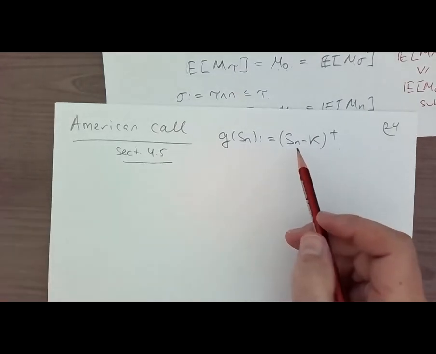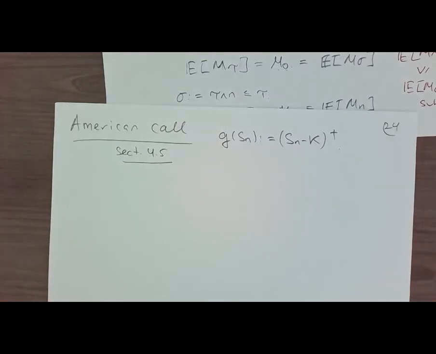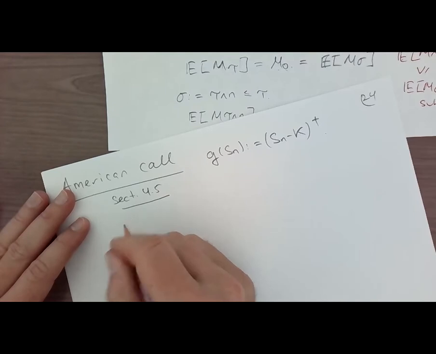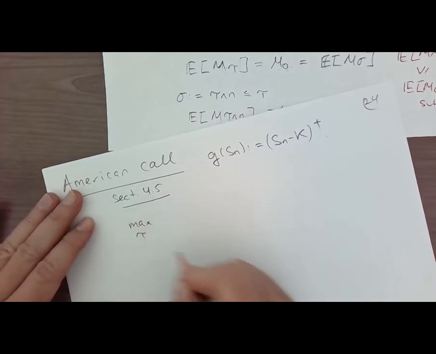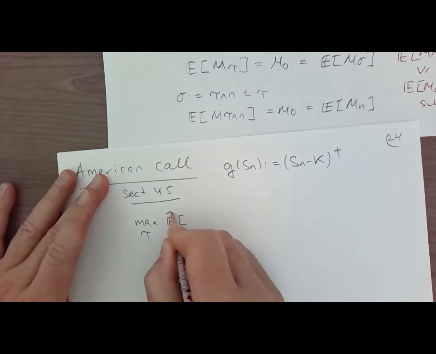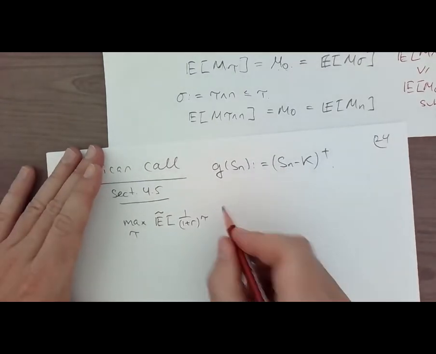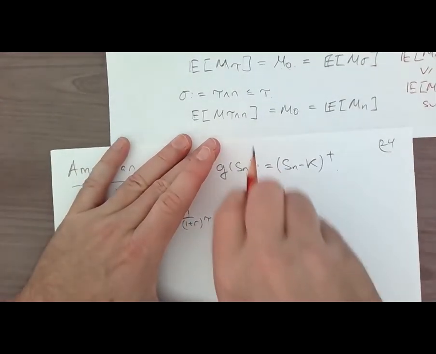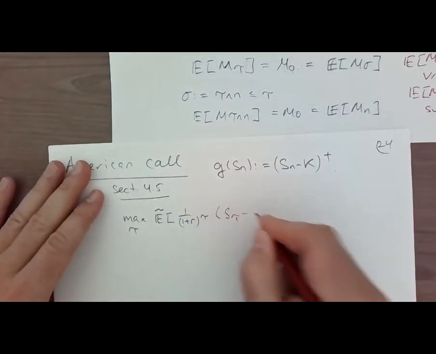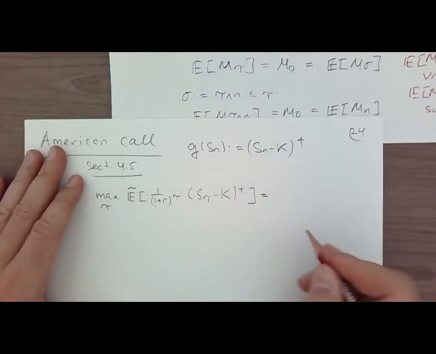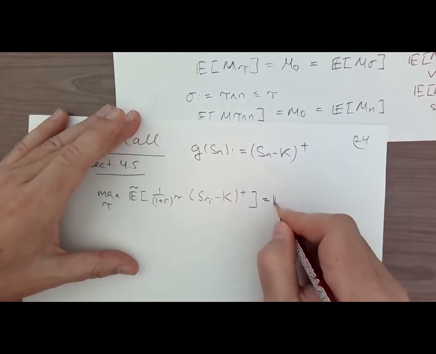So here we have the American call intrinsic value. And the thing that we're going to be doing is proving that when I look at the optimal stopping problem, so I take the max over tau of E tilde of 1 over 1 plus R to the tau times S_tau minus K, what we want to prove is that this thing is equal to just the call for the European, so the European call.